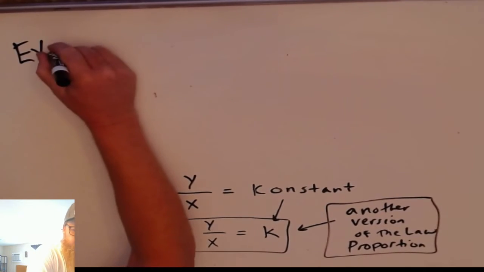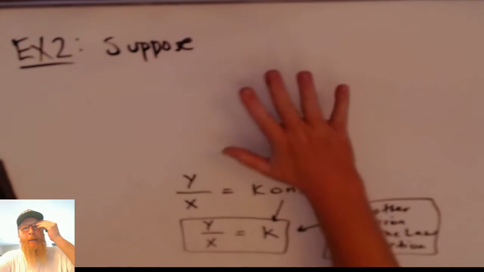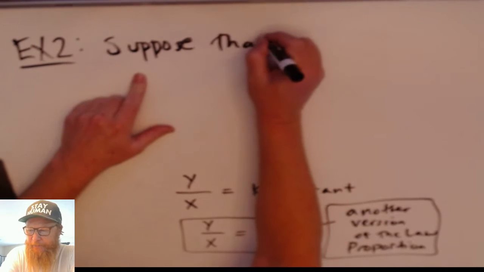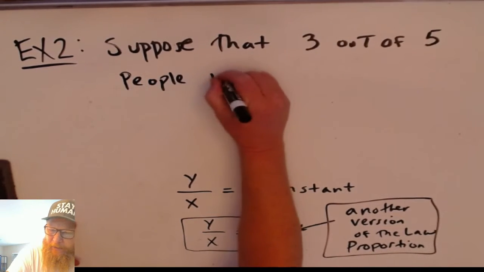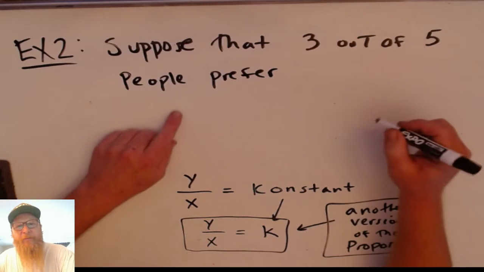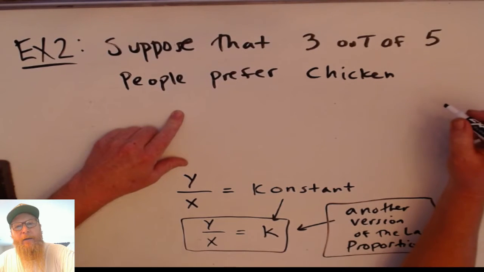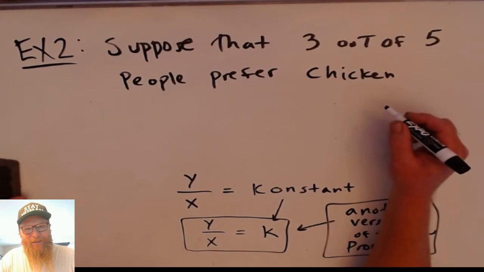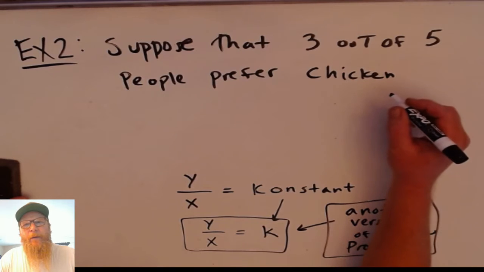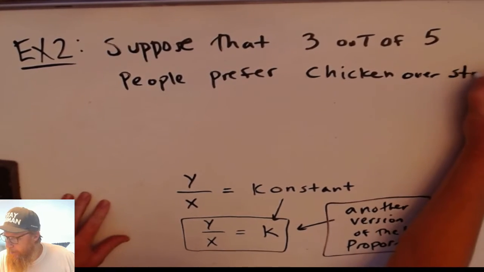So example 2. Suppose that 3 out of 5 people prefer chicken over steak.